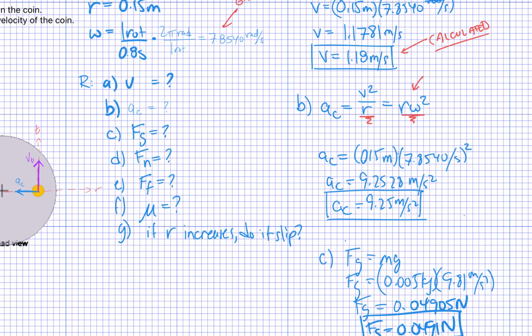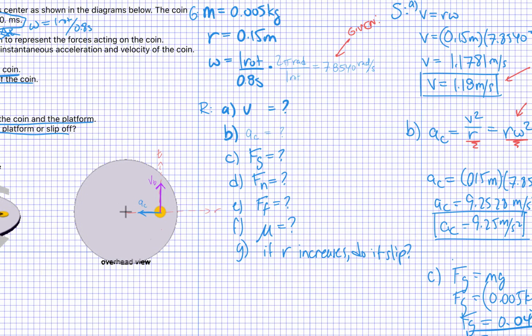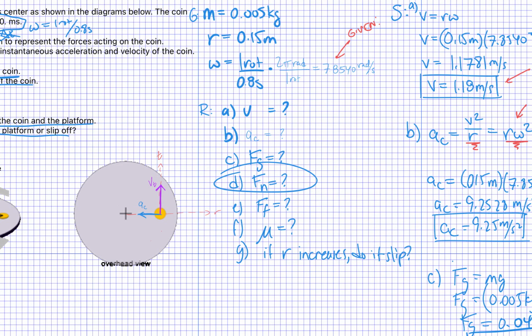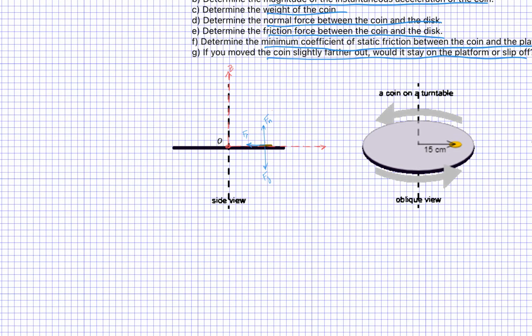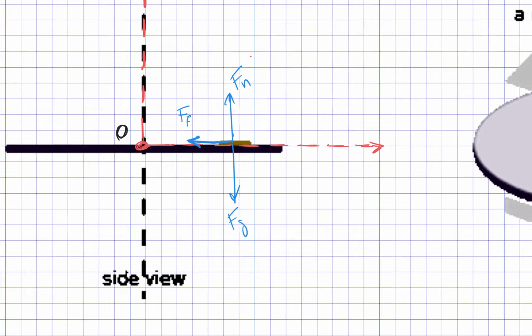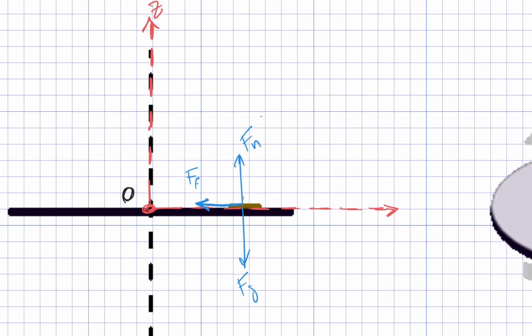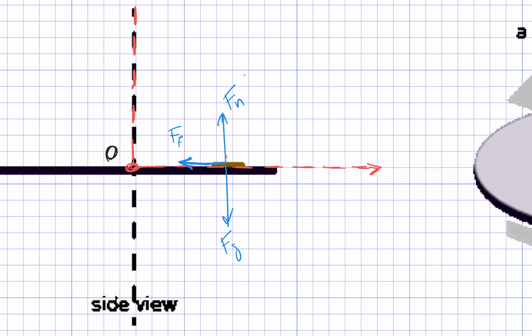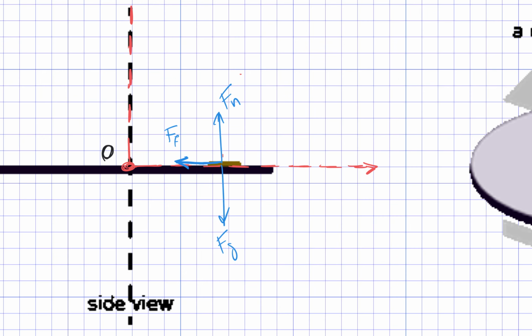Okay, part D. Determine the normal force between the coin and the disc. If you can't see it already, we will go ahead and do this formally. We will stare at this free body diagram, and we will note that in the vertical, the sum of the forces in the z direction, the up and down direction, equals mass times acceleration in the z direction.